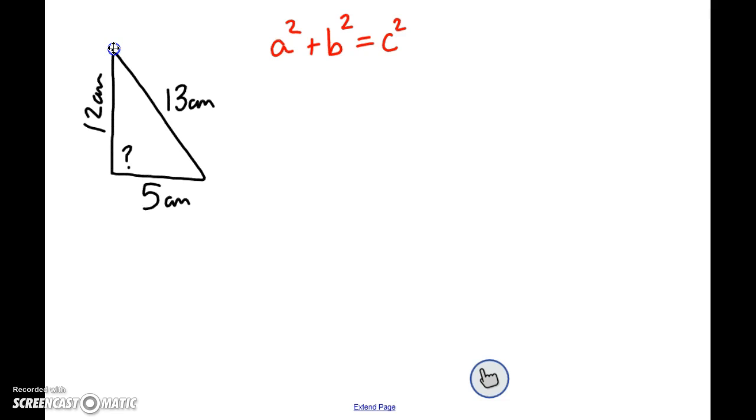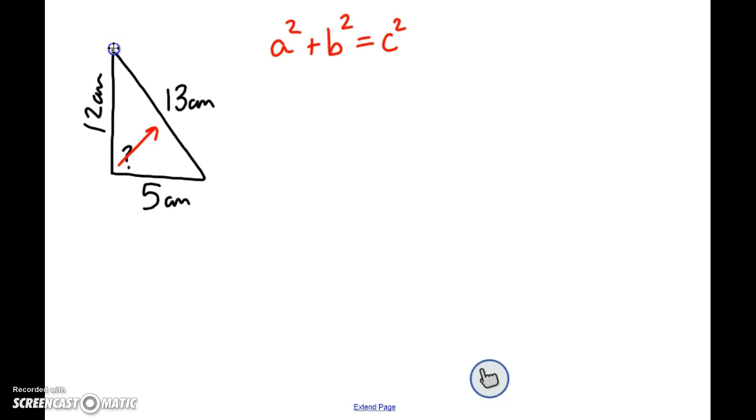So I'm going to make a be 5 and b be 12, but it does not matter which one is a and b as long as the side length that is across from the 90-degree angle is c. Turns out the hypotenuse is always the longest side length as well. So if ever you don't know which one it is, that one is always the longest.